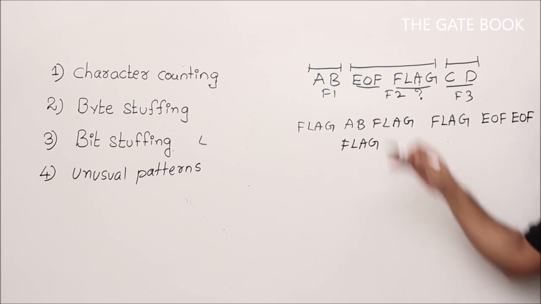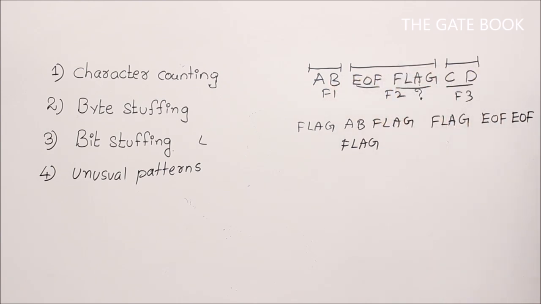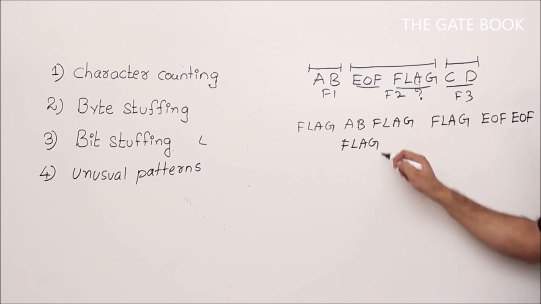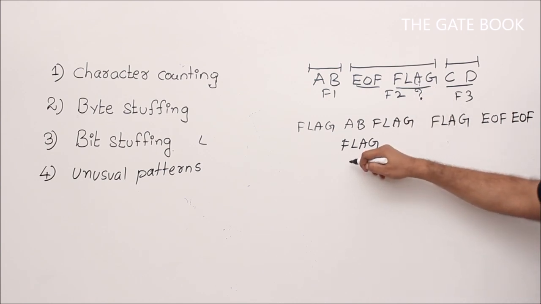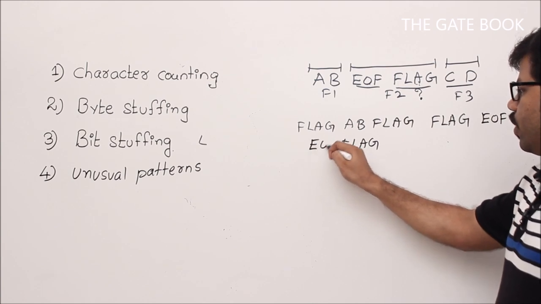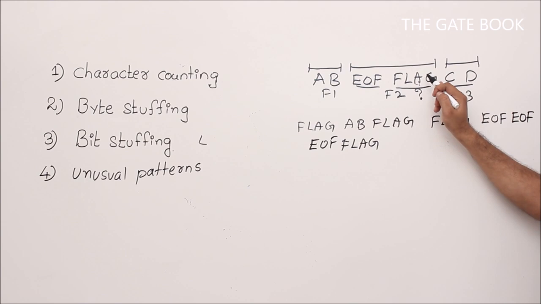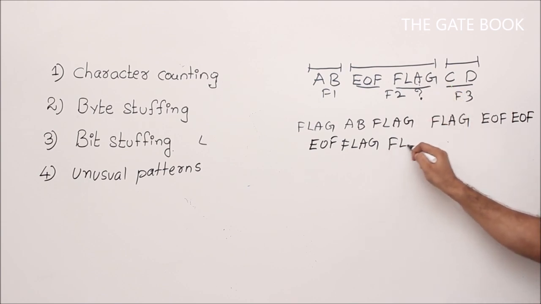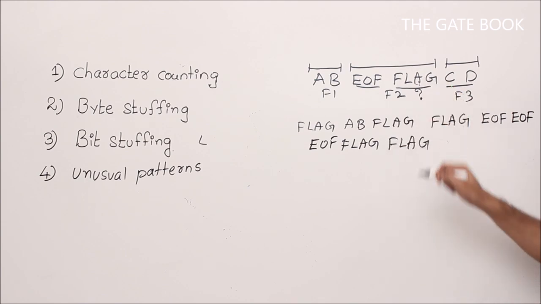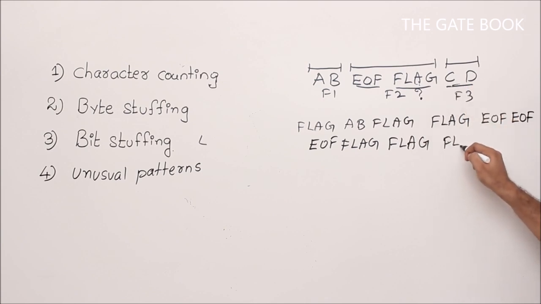Definitely data, because initially you have everything as data, right? That's why this will be treated as flag. Since the data contains flag, what do we have to do? We have to add EOF. That's it. Then flag. Then end of the frame, correct? Then what to add? Flag. Then after that, new frame. Start with flag, write CD and end with flag. So this will be the sequence.